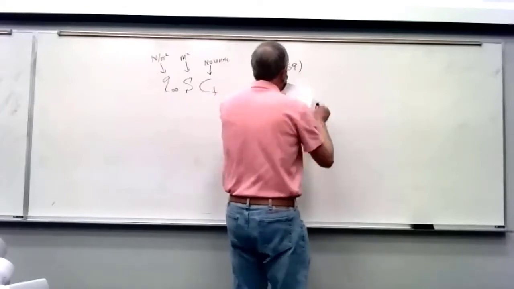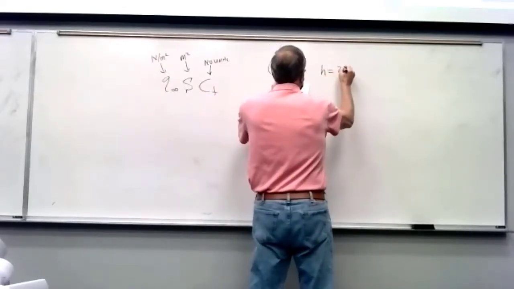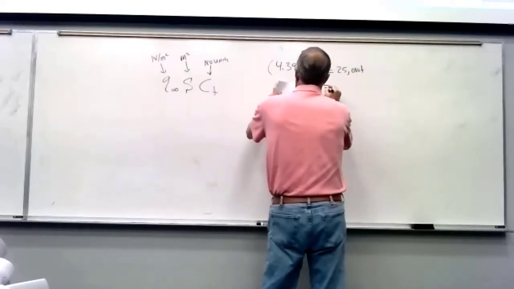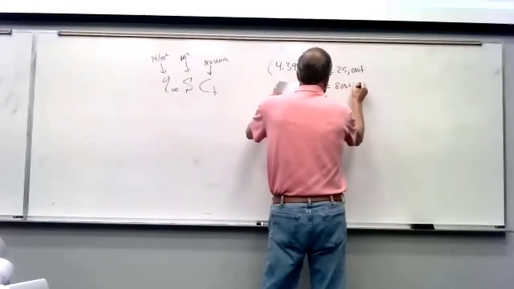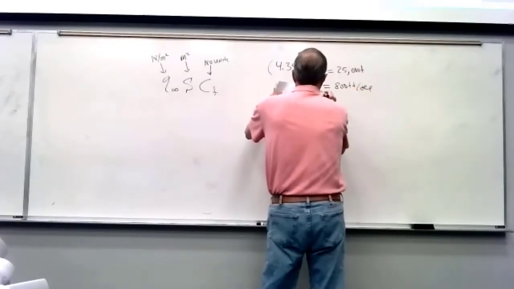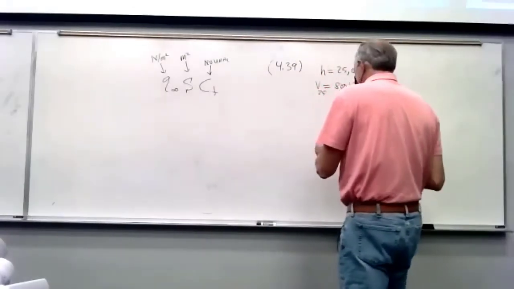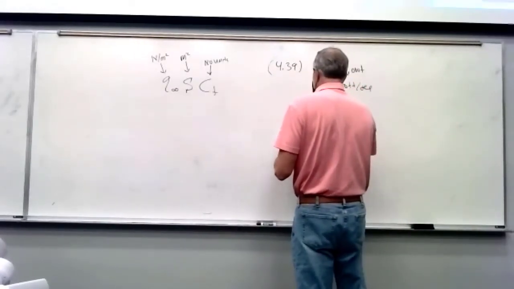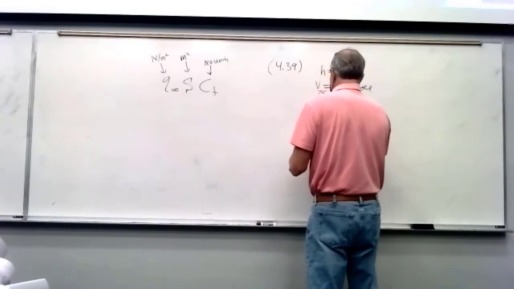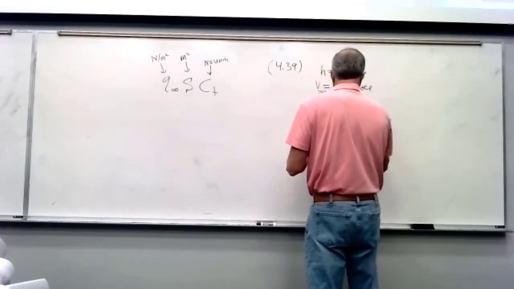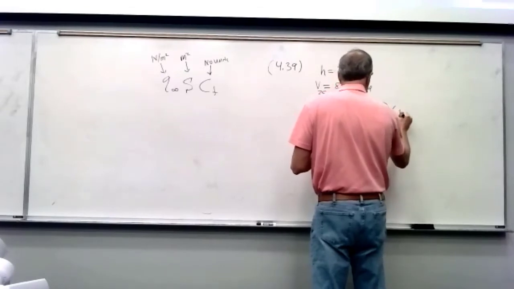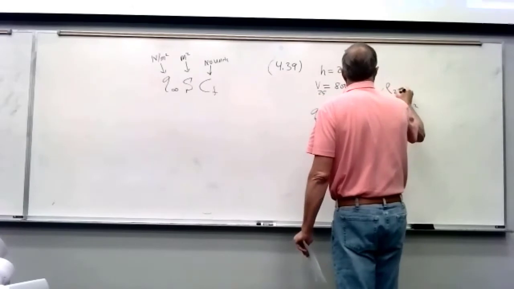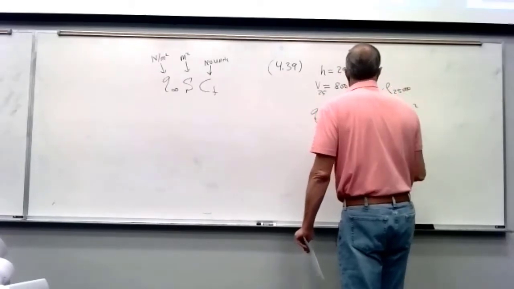That one is kind of contrived. They're really just giving you practice calculating dynamic pressure. They say if you're at 25,000 feet and you're flying at 800 feet per second, there's your velocity, and this is the density at 25,000 feet.